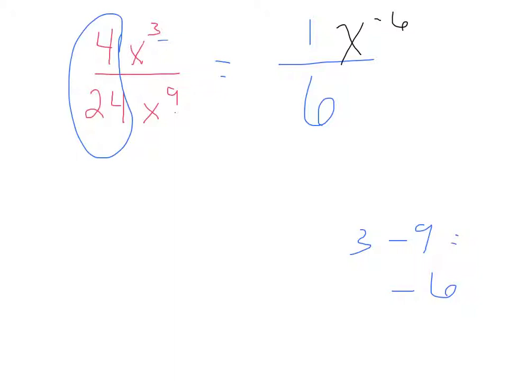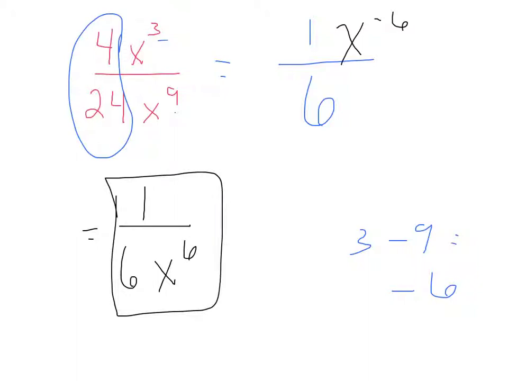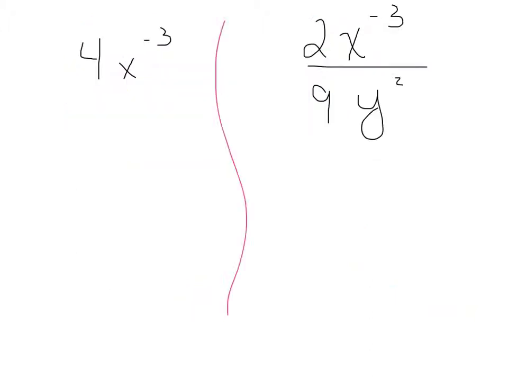But even if this student did decide to do 3 minus 9, they could just fix this problem by making it 1 over 6x to the 6th. So notice the 6 did not change places. The only thing that switched was the x to the 6th because of that negative exponent.